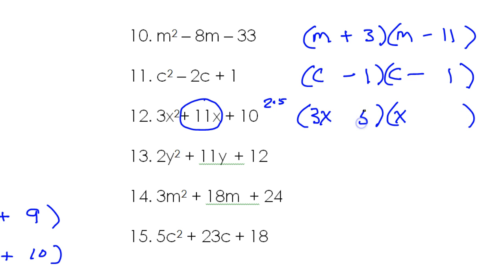Let's try it with 5 here and 2 here. Now inner I have 5x, outer I have 6x. Ah, there we go. If I make this positive and positive, 5x plus 6x is 11x. So that means both of these will be positive.